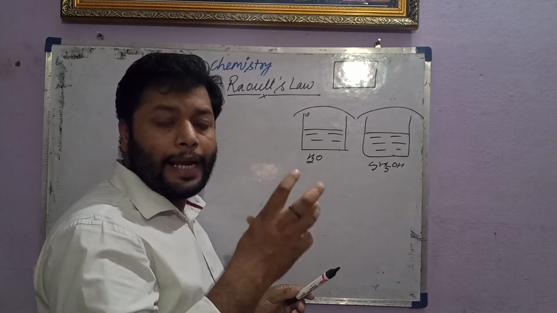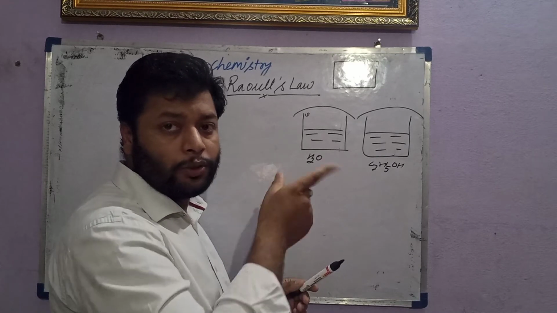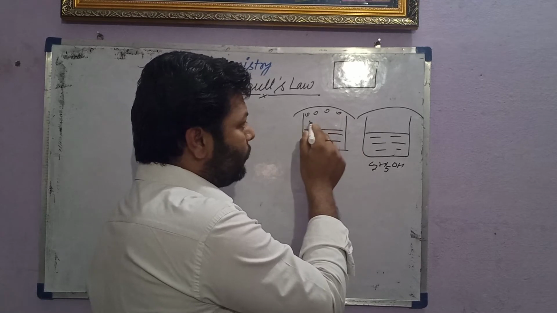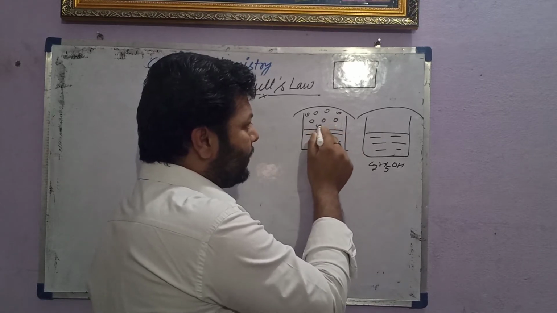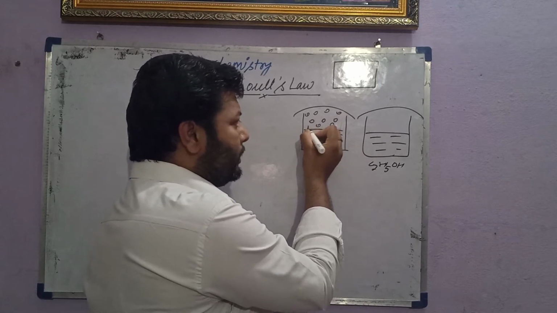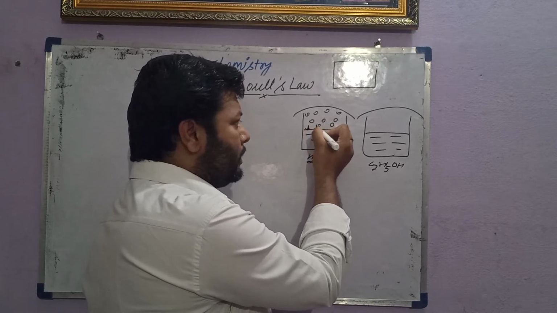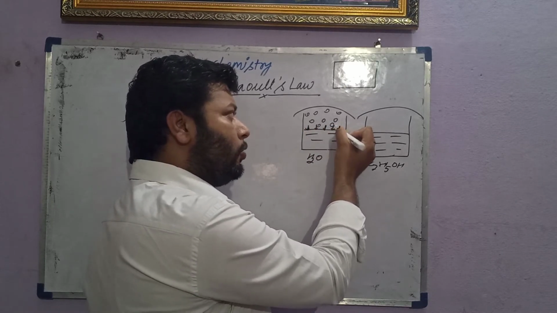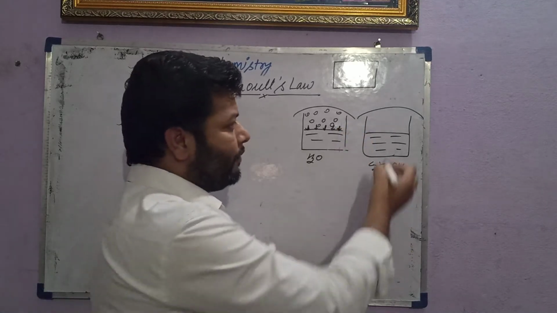So to measure the vapor pressure, the container should be closed, and the vapors formed by the water molecules at the given temperature strike the surface of the liquid, which creates a pressure by the vapor.